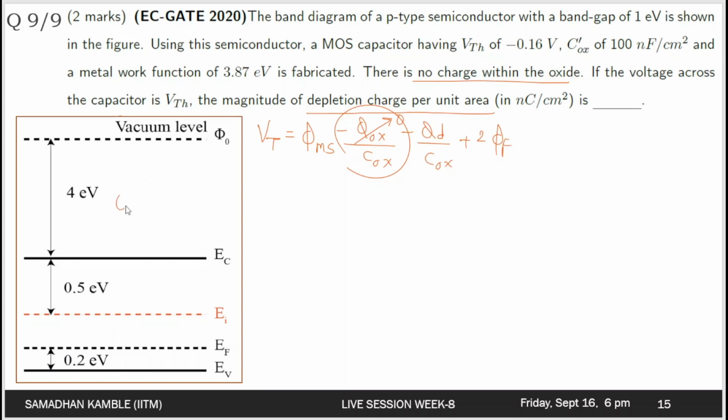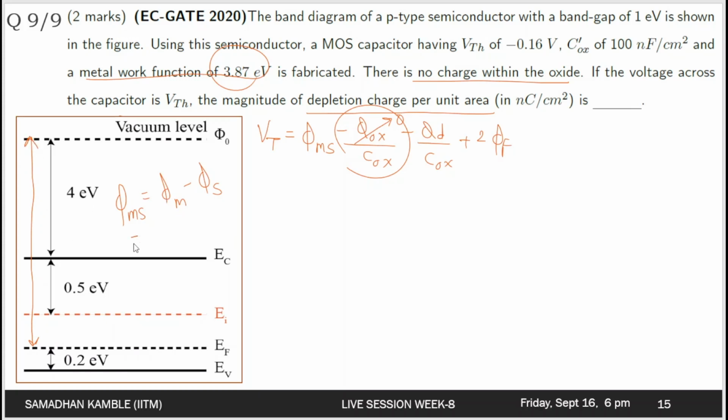We know that phi ms is nothing but phi m minus phi s. Phi m they have given, that is the metal work function of 3.87 electron volt. We need to determine phi s. The value of phi s is nothing but this difference, from the vacuum level till the Fermi level.